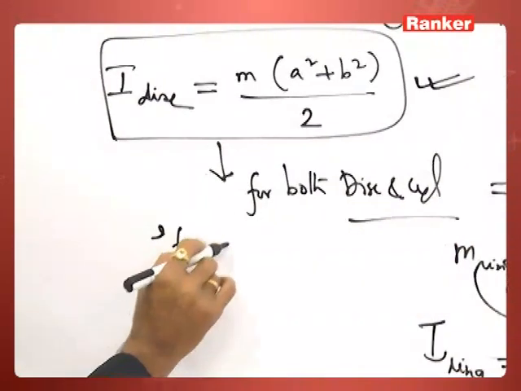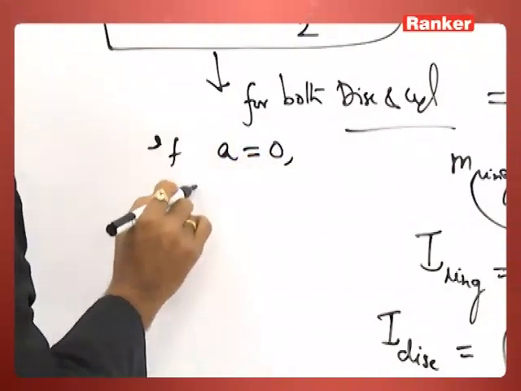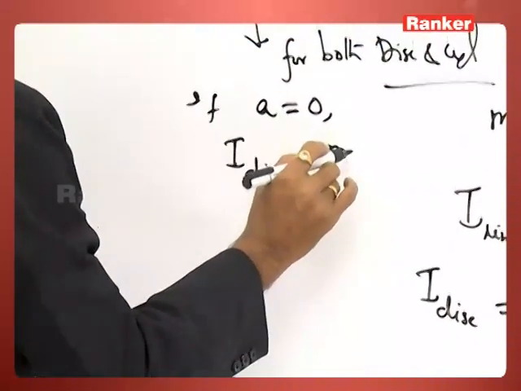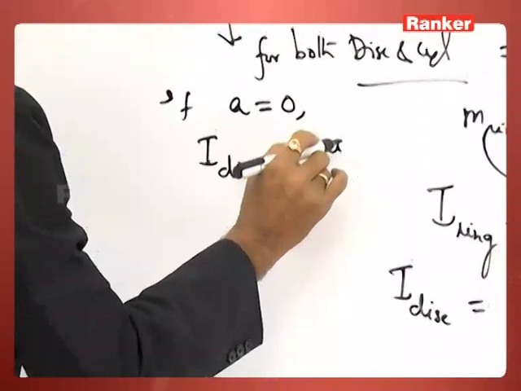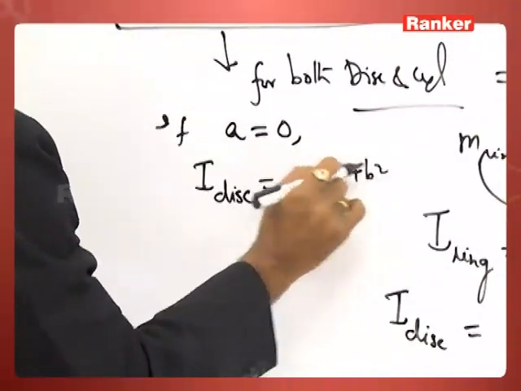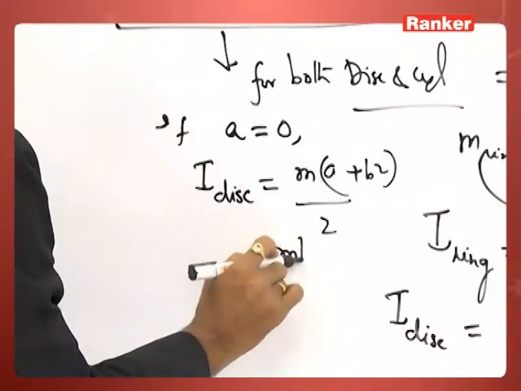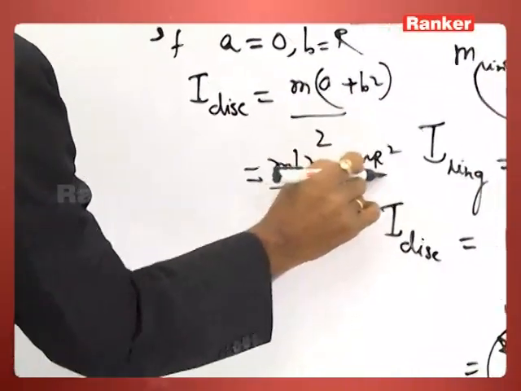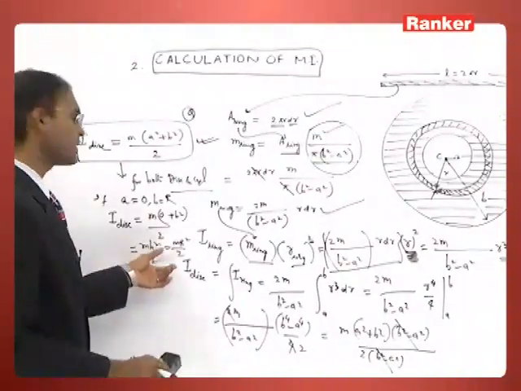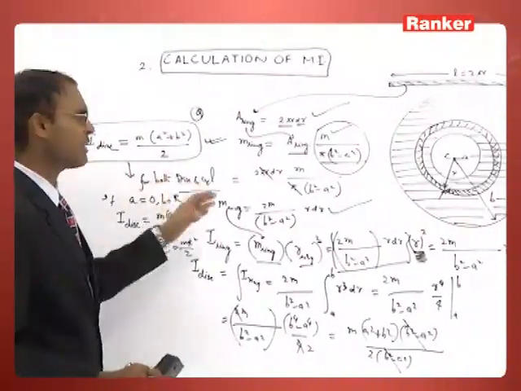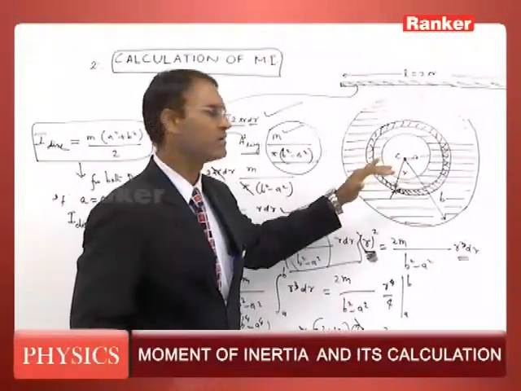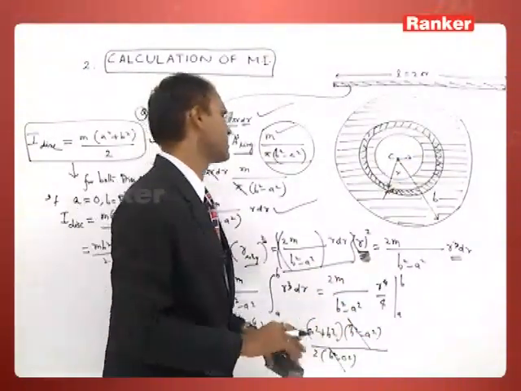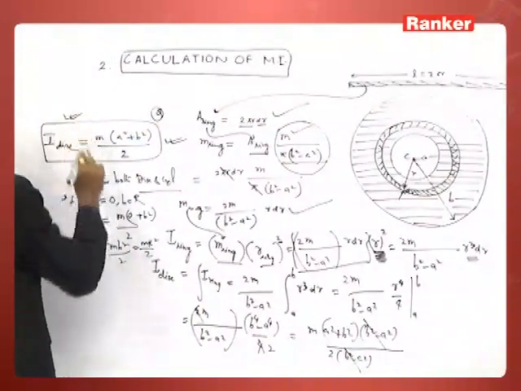And if a is equal to 0, its moment of inertia will be equal to zero plus b square by 2, m into b square by 2, and if you put b as the radius, you are getting m r square by 2, which is none other than our general formula for the moment of inertia of the complete disk, without any circular hole, about the z axis. This is a more general formula.